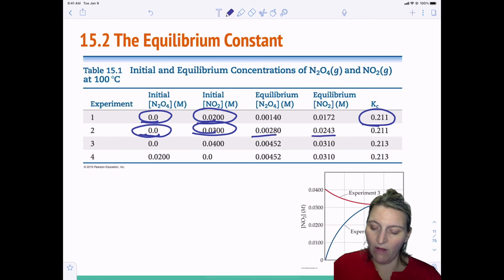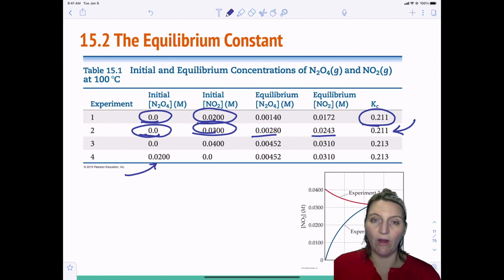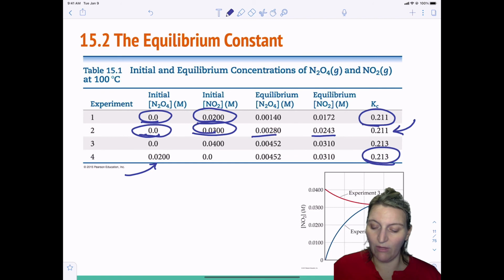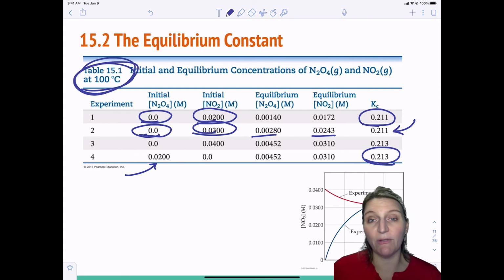Well, my equilibrium concentrations might be different, but the ratio is the same. And even in this one where I'm starting out with just the N2O4, again, the ratio at equilibrium is the same. This is a constant. Now, all of these questions are going to say a specific temperature because just like the rate constant changed with temperature, the equilibrium constant is going to change with temperature.